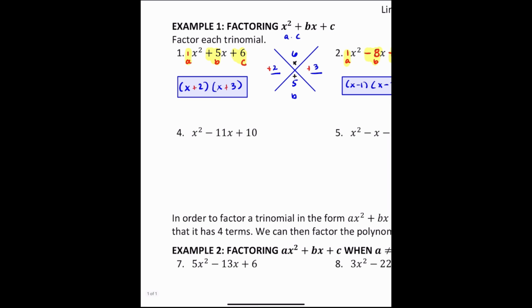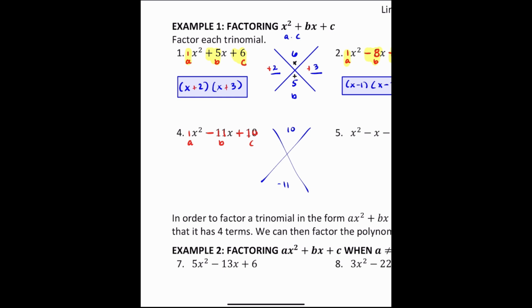Number 4, x squared minus 11x plus 10. So the a value is 1, our b is negative 11, and our c is positive 10. So I'll draw an x. 1 times 10, that's 10, and then our b is negative 11.